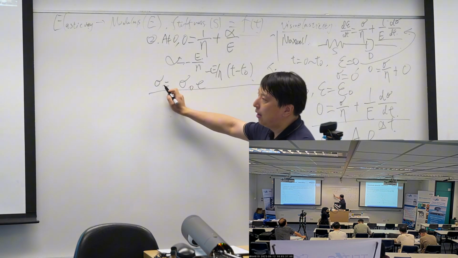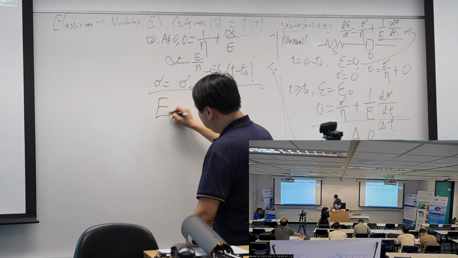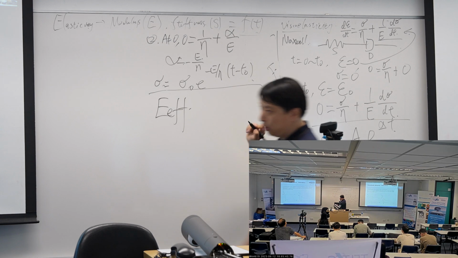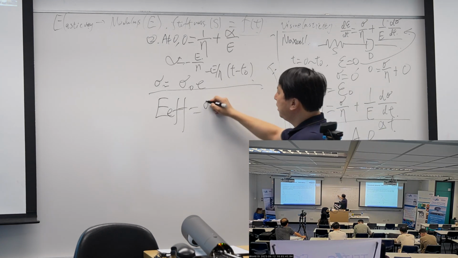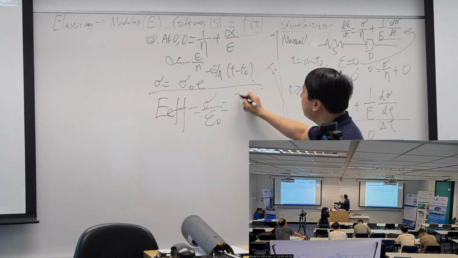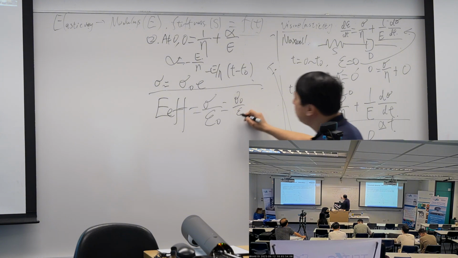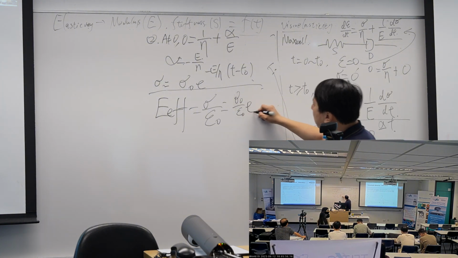we have sigma, we have epsilon, we can write down the effective modulus as sigma divided by epsilon. That's sigma 0 divided by epsilon 0.